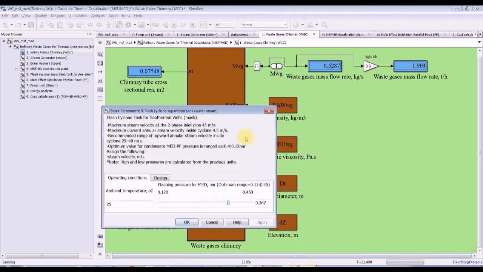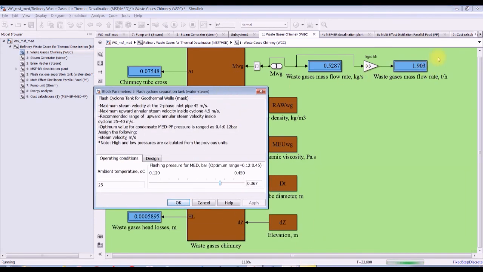Let's see this parameter. Suppose we are going to decrease. Yes, decreasing this will consume, it's the opposite effect. Consume more waste gases from the chimney. Okay, we can increase and control.